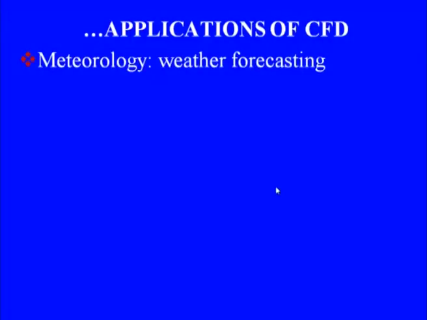Every day you will see on television screens or in netcasts various beautiful graphical pictures of weather forecasts. Now how are these forecasts made? At the backbone is CFD software, or maybe a set of sources, what we call CFD systems. And weather forecasting is one area wherein physical modeling and numerical simulation are used together.